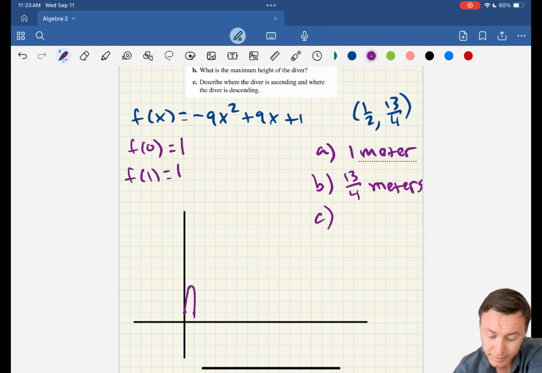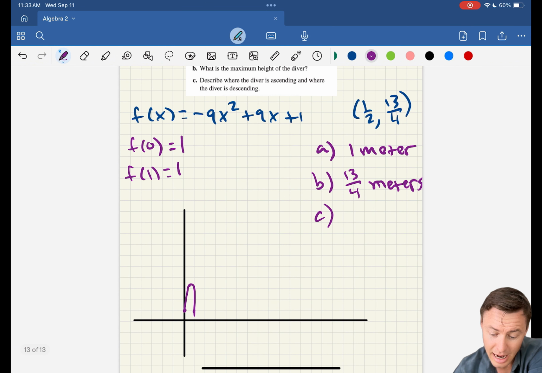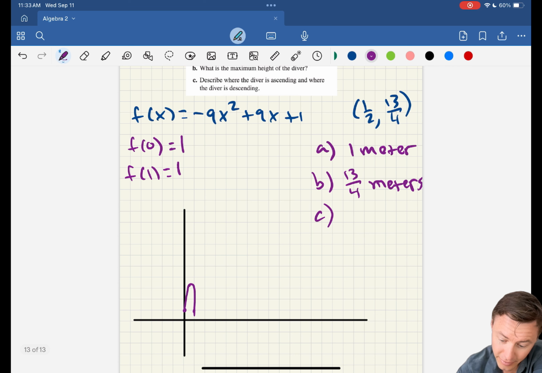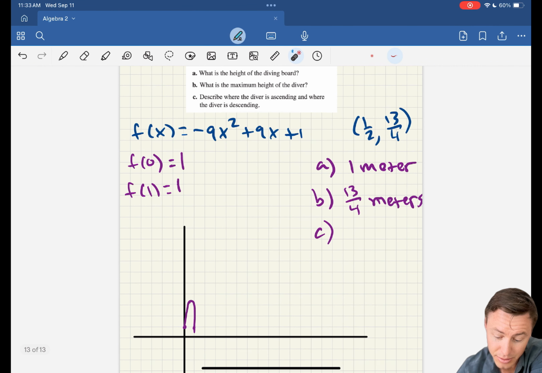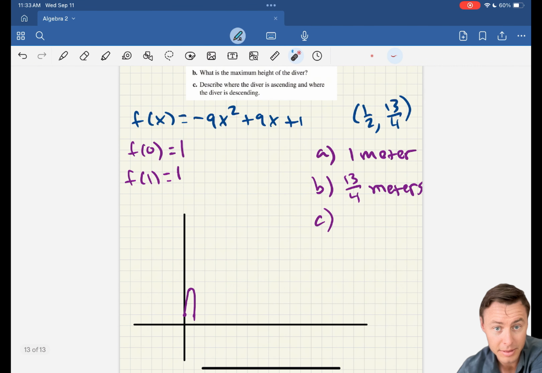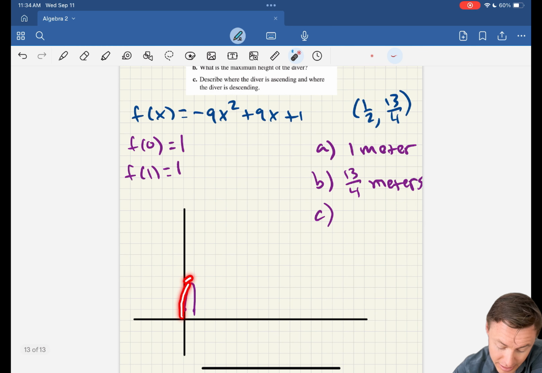And C, describe where the diver is ascending and where the diver is descending. Okay. So the diver is ascending anywhere from 0 meters away from the diving board up to 1/2 meter away from the diving board. And that would be where the function is increasing.